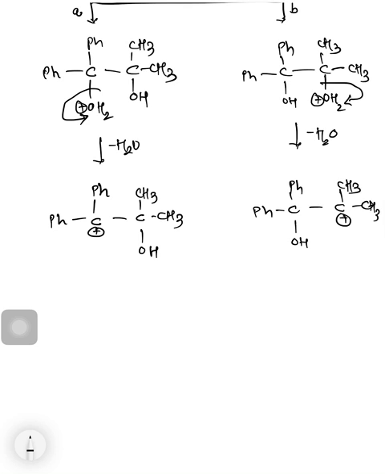Now there are two carbocations, suppose carbocation A and carbocation B. Looking at the structure, we can say that carbocation A is more stable. Why? Because it is resonance stabilized by the phenyl. The phenyl ring can form resonating structures.